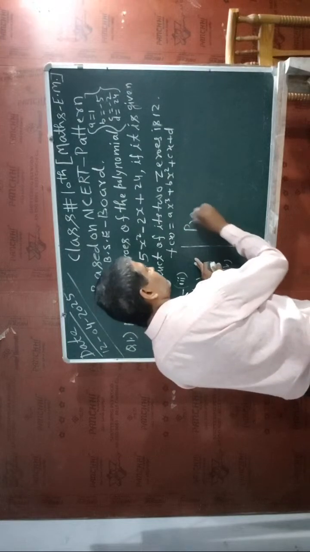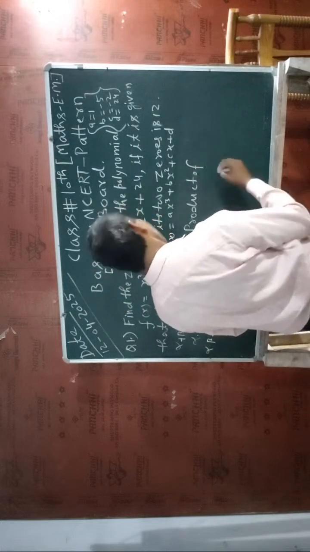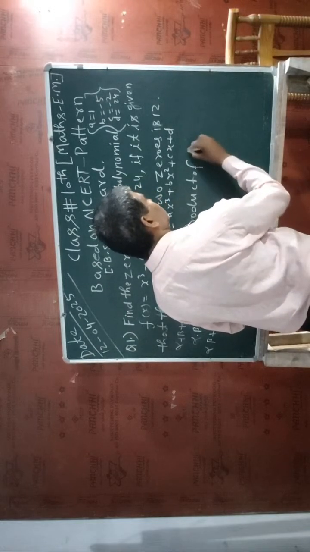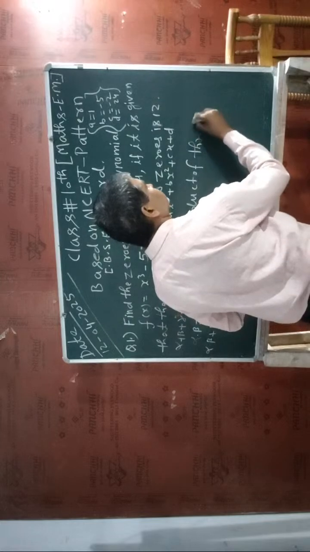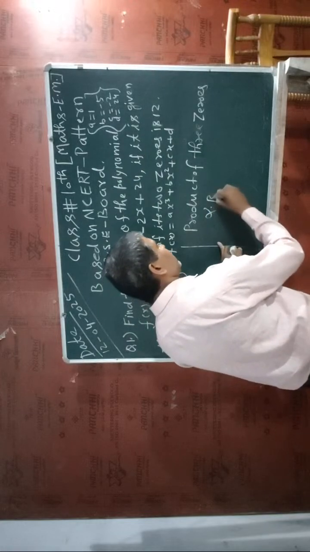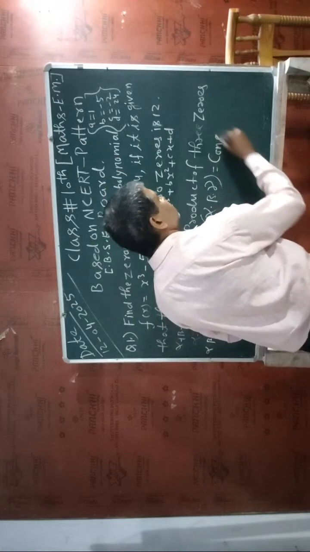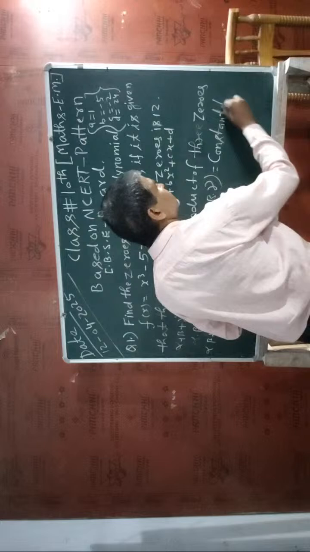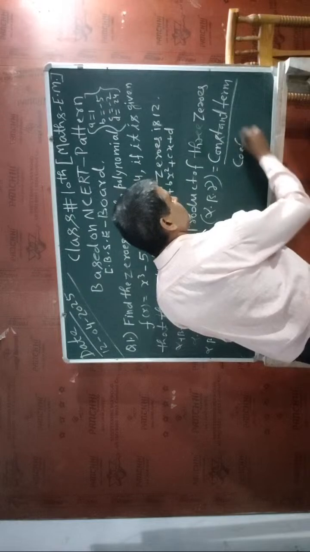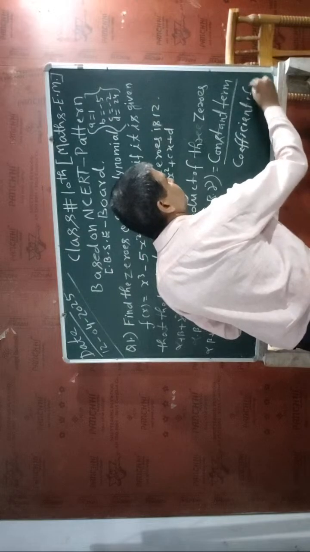Product of three zeros means alpha into beta into gamma, which is equal to constant term divided by coefficient of x cube.